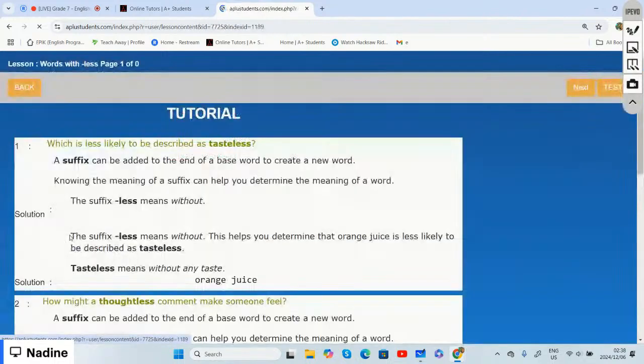So now we're going with words with less. And remember, we said less means without, right? It means without. Here it says, which is less likely to be described tasteless. If something is tasteless, then it means that it is without any taste.